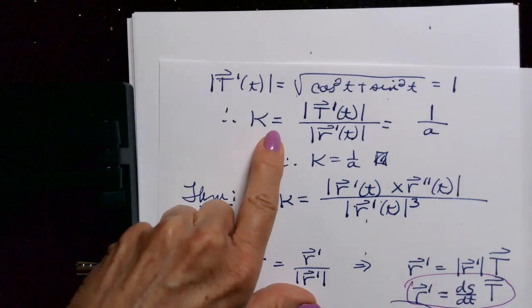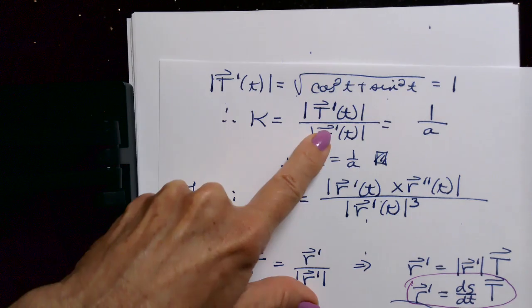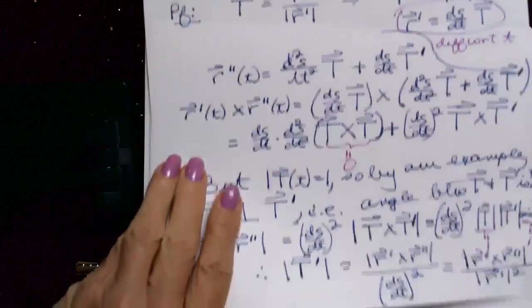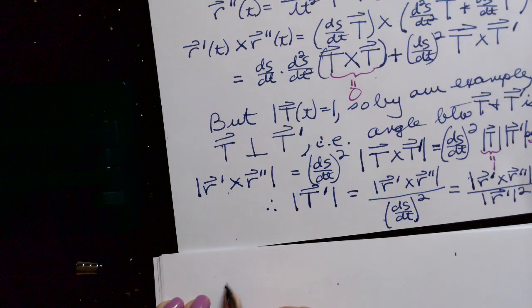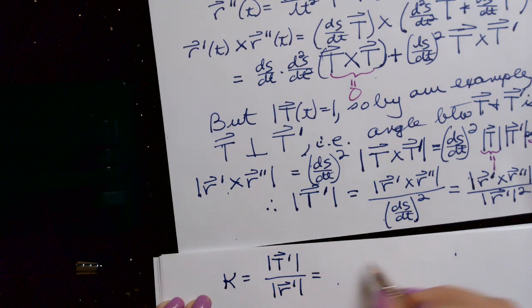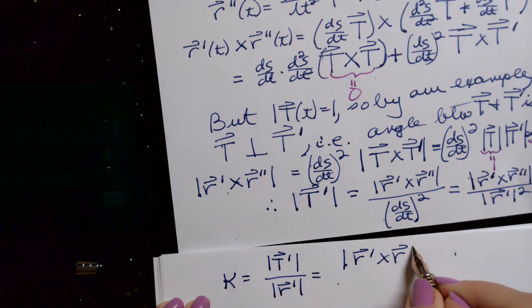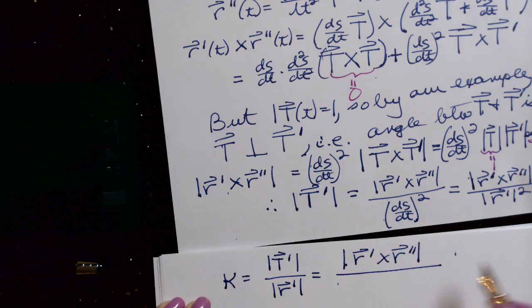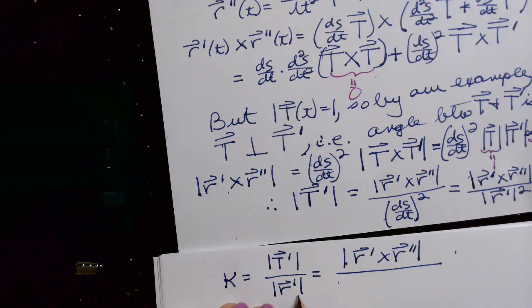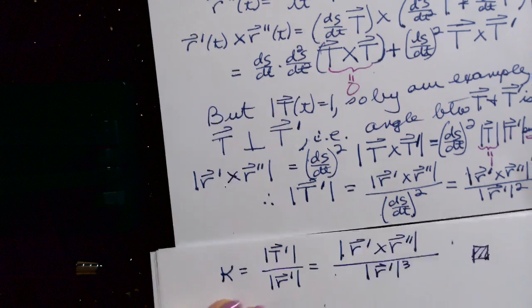Now we put that back into our formula, which we derived earlier, that the curvature kappa is the length of T prime divided by the length of r prime. The length of T prime is the length of r prime cross r double prime divided by the length of r prime squared, but we have another length of r prime, so this becomes the length of r prime cubed, which is the theorem we advertised.